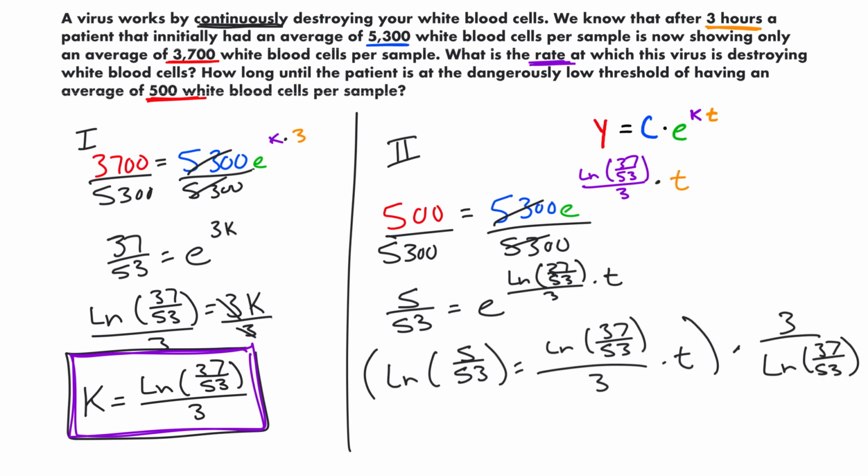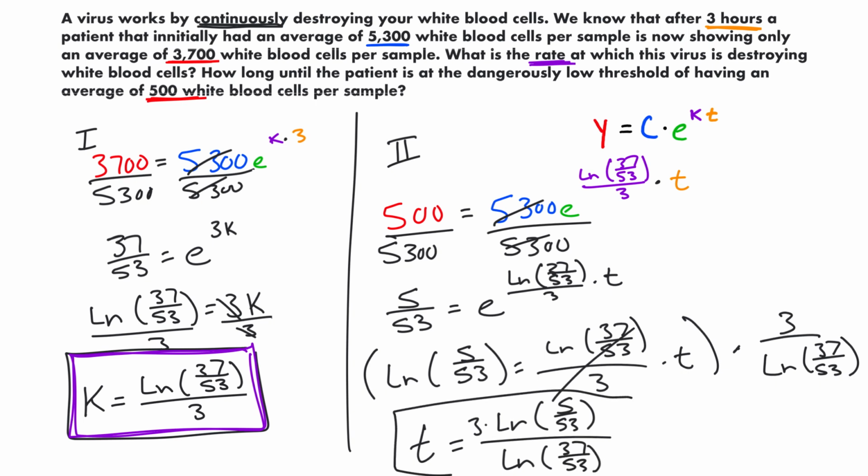And that'll give us, because when I distribute it to both sides, this will cancel out, t will be equal to 3 times the natural log of 5/53 divided by the natural log of 37/53. And this would be how long I have to wait in hours before this patient reaches a very dangerous threshold of 500 white blood cells per sample.